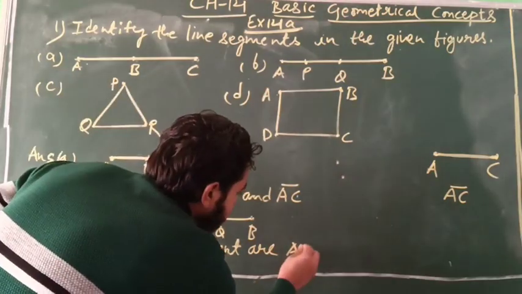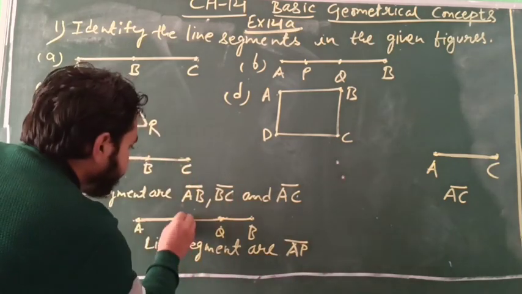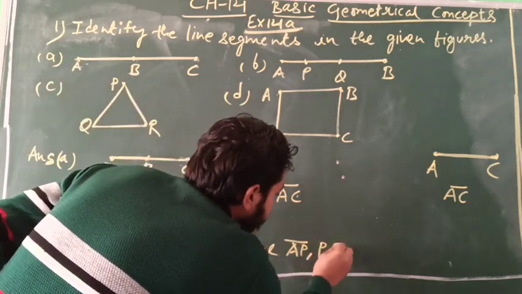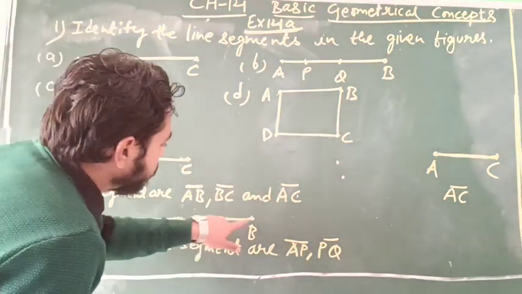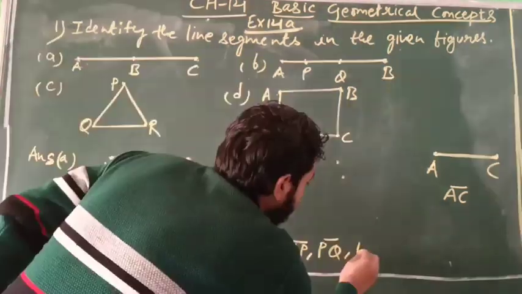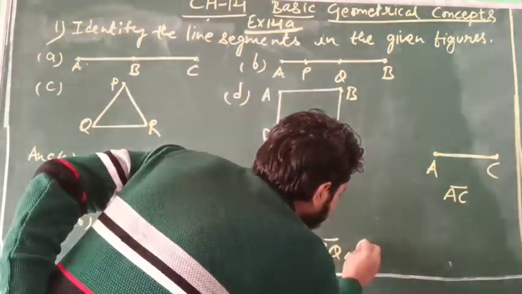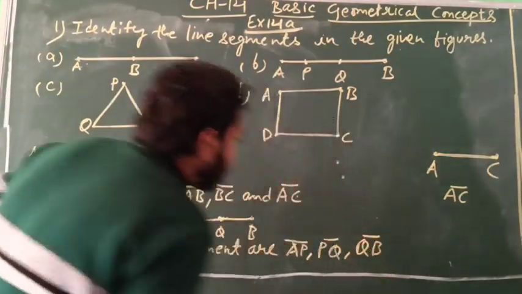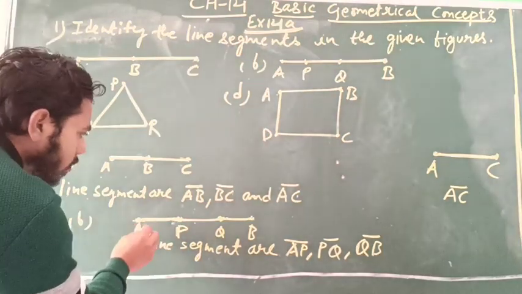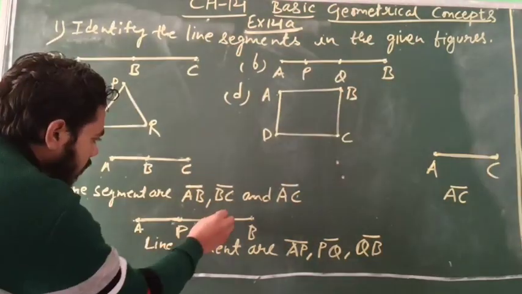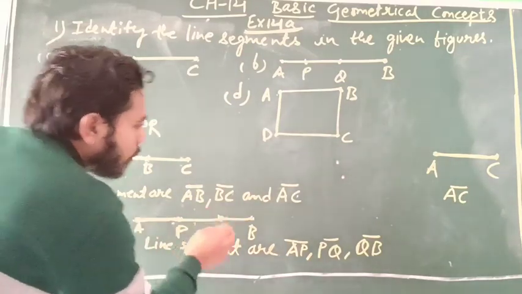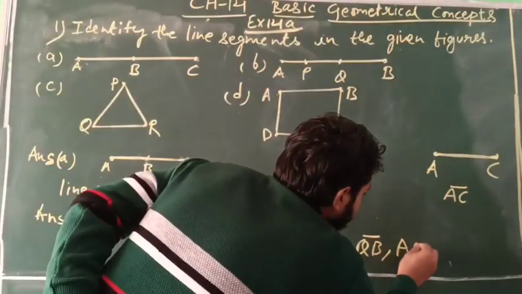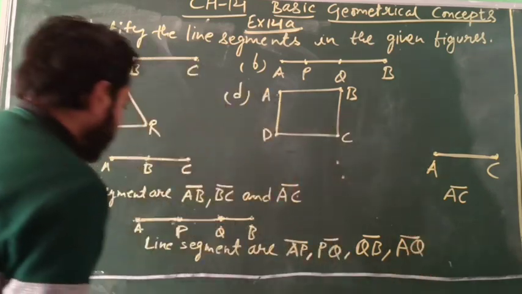PQ is a line segment. QB is a line segment. Now we join these 2 points A and Q, and we get AQ.